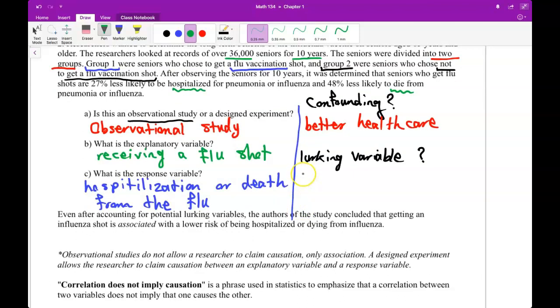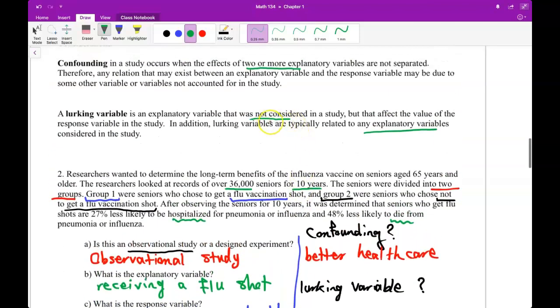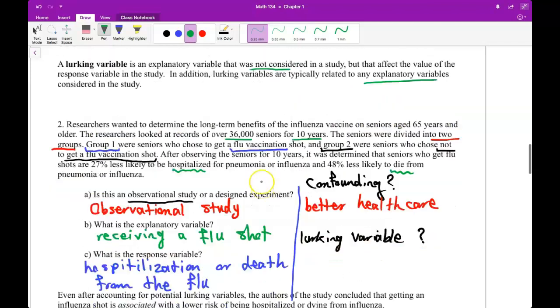So this one is very close to what we have here, receiving a flu shot, but okay, let me go back here. Lurking variables are typically related to any explanatory variables considered in a study, but they are not considered in this study, but actually they are affecting the value of the response variable.